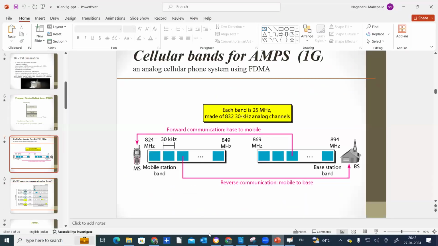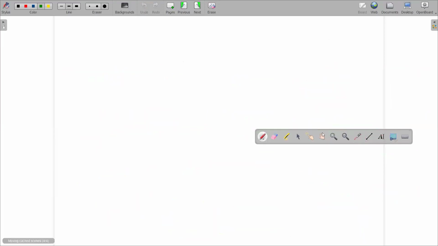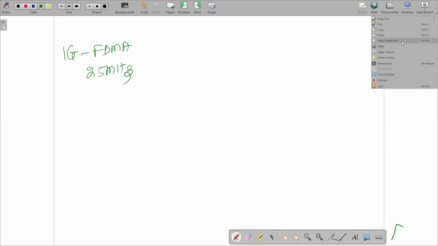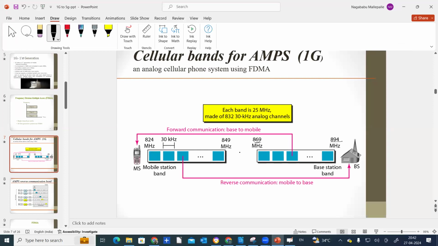Right. So let me go through what exactly 1G used. 1G is FDM. 25 megahertz was assigned to the 1G services by the government, and you can see this is the frequency allocation: 894 to 869 and 849 to 824.